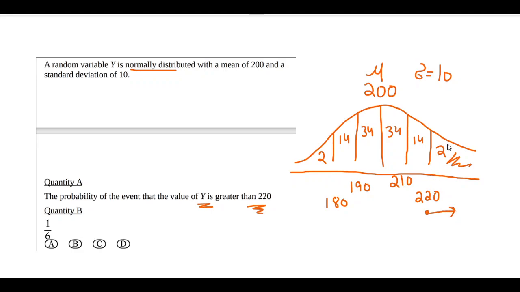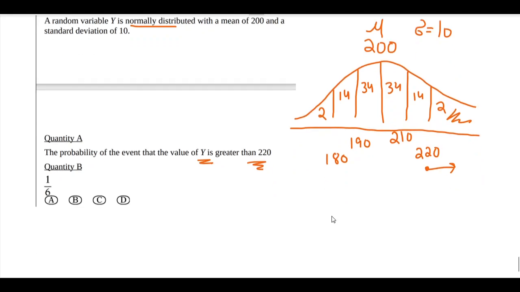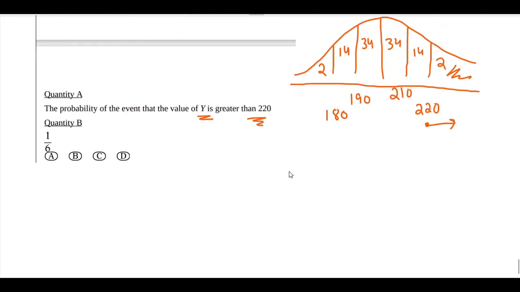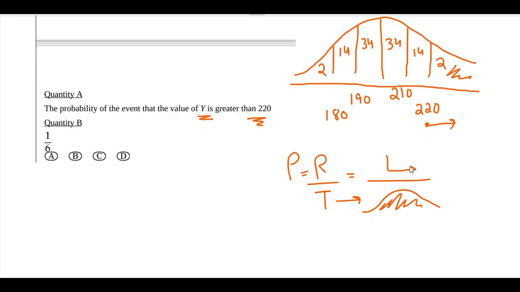Since the probability is required over the total, the total is basically the entire bell curve, right? However, only the area which is above it is required, which is only 2%. The small portion right at the end, this right over here, this 2%.